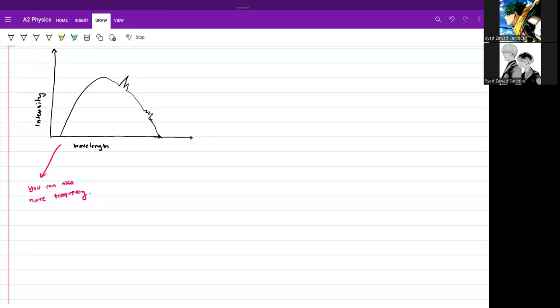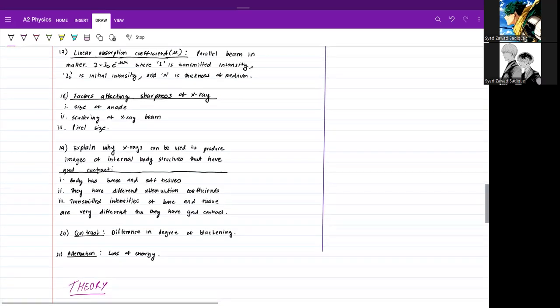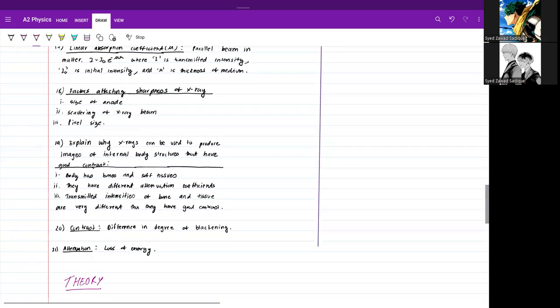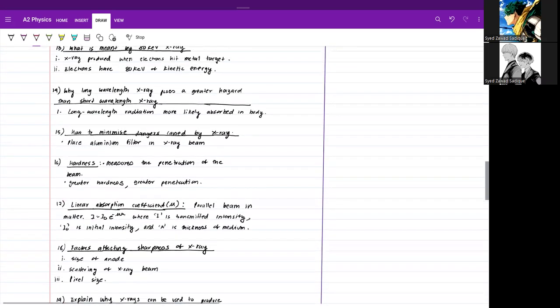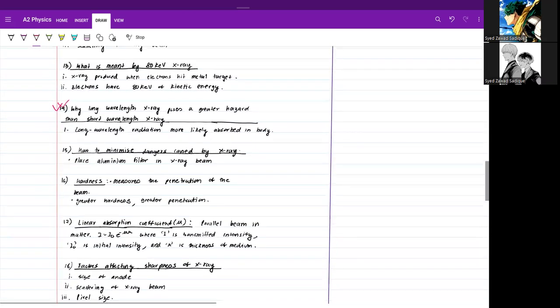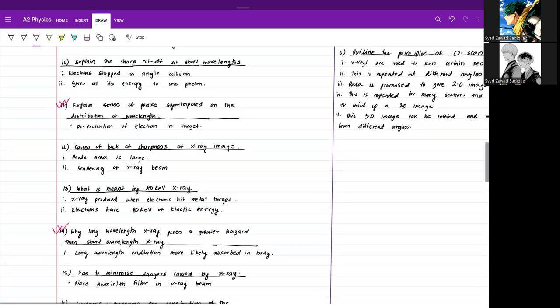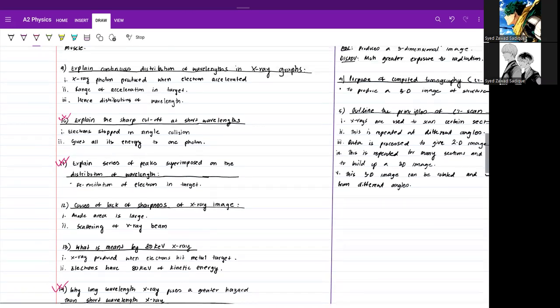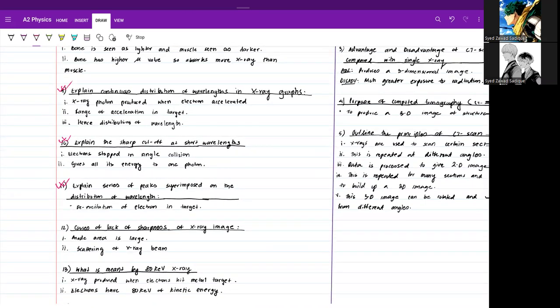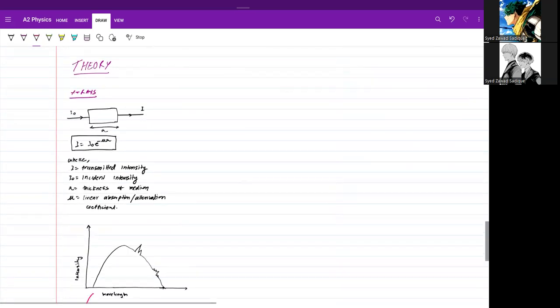This is the graph that you're supposed to know. I will label the questions that you are going to be asked based on this graph: the series of peaks, sharp cutoff, and finally continuous distribution of wavelengths. These are the four questions that you're going to be asked based on this graph.